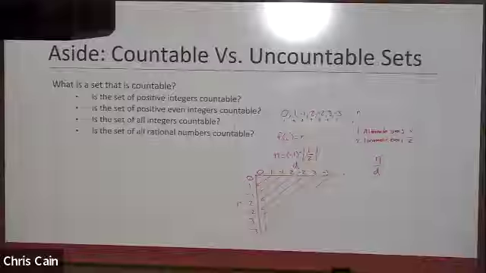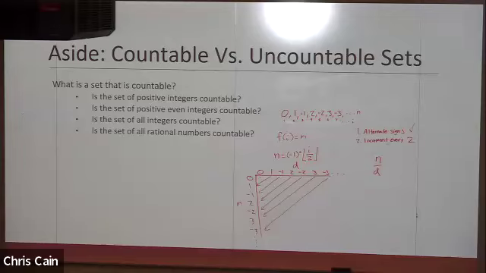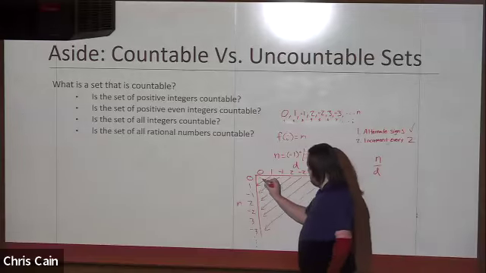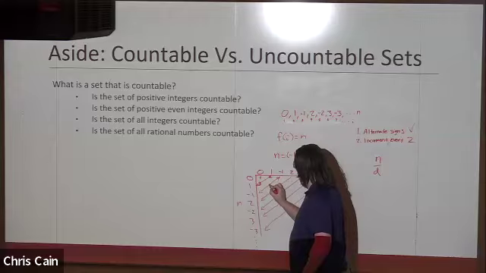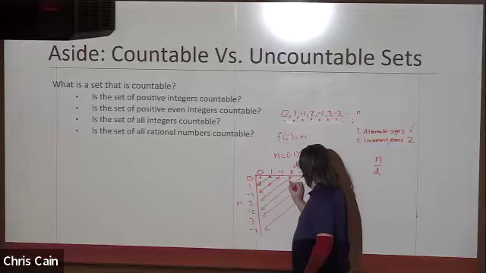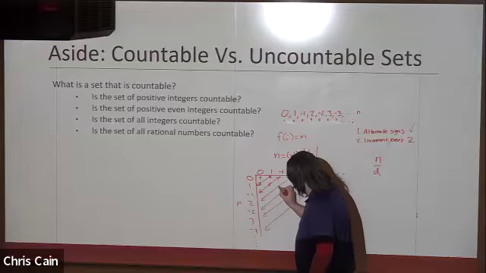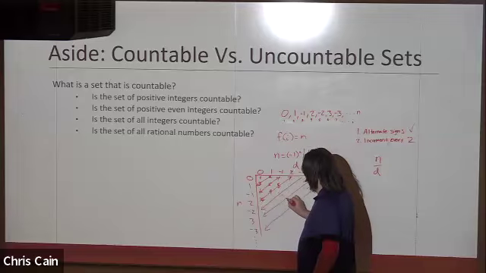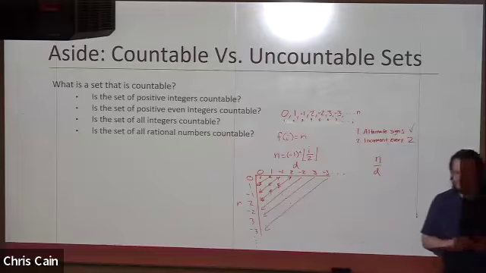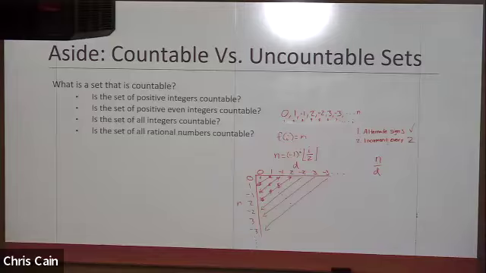Diagonally. This is going to be the first number we look at, the second number we look at, the third number, the fourth, the fifth, the sixth, the seventh, the eighth, ninth, 10th, etc. We're going to create an index out of diagonally looking at this table.